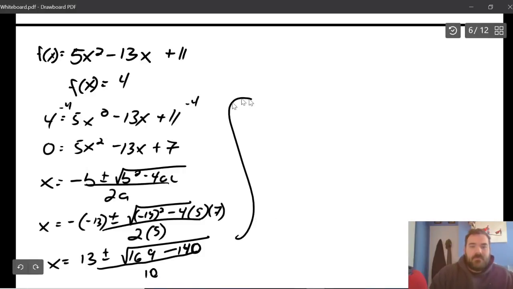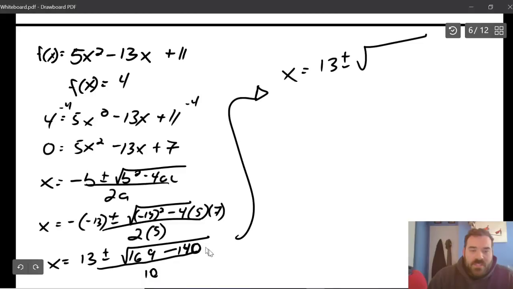All right, continue on. X is equal to 13 plus or minus the square root of. Now, 169 minus 140, I can do that. That's going to give me 29 over 10.